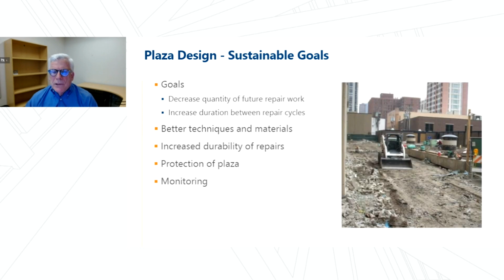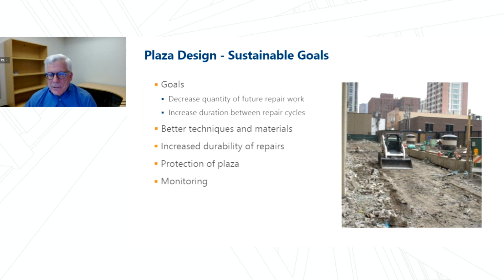One thing we don't want to overlook are the sustainability goals for this type of work. I think by its nature, renovation is sustainability, but what are the goals in the design? And I think what we really want to shoot for is the decrease of the quantity of future repair work, and also to increase the duration between repair cycles.